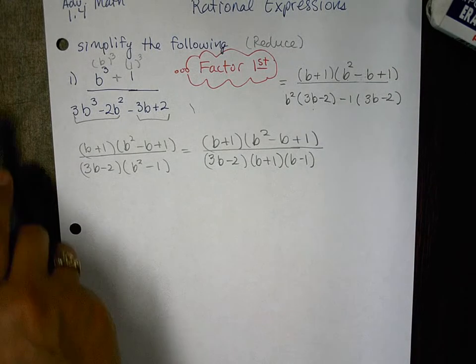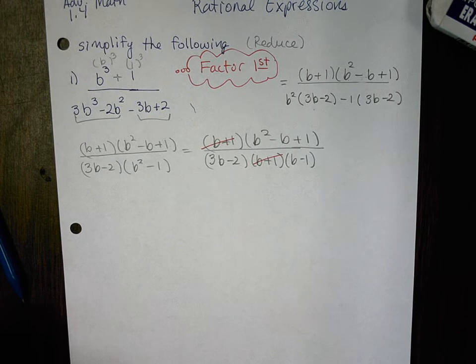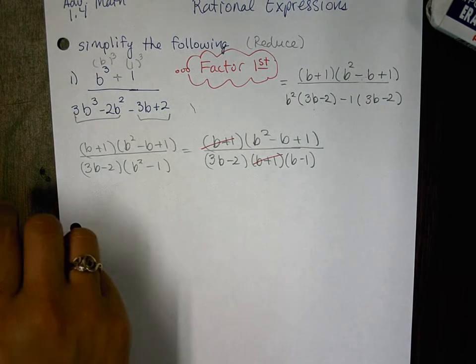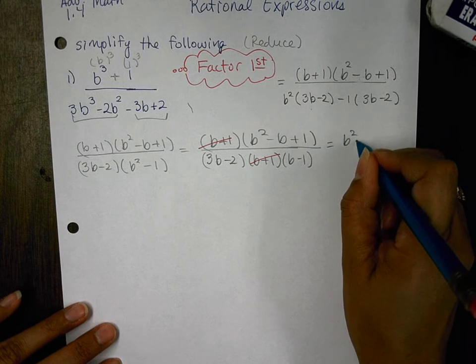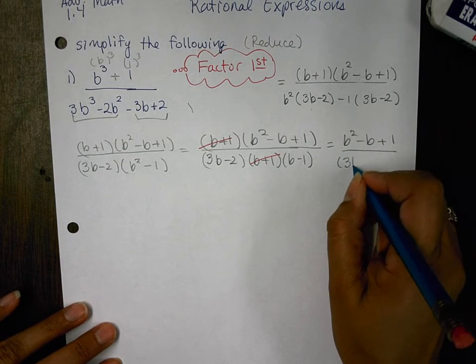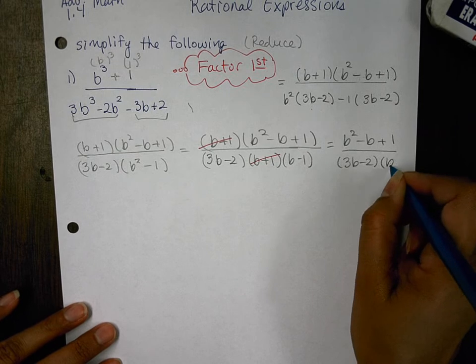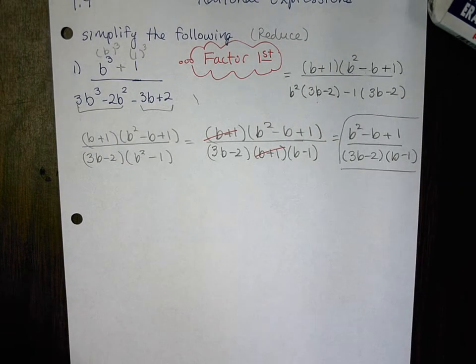Okay, let's see what can reduce. B plus 1 reduces, and that looks like that is about it. So I have simplified. My final answer is b squared minus b plus 1 over parentheses 3b minus 2 parentheses b minus 1. That there is our final simplified answer.